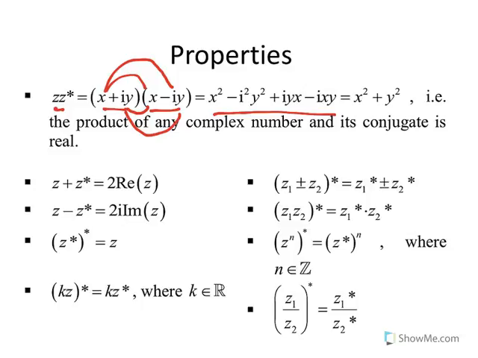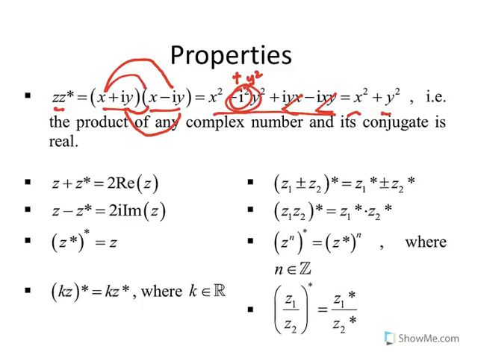Negative iy squared will become negative of negative 1, so it becomes a positive y squared. The ixy and negative ixy will cancel out. That's why when I multiply a complex number with its conjugate, I will get x squared plus y squared.